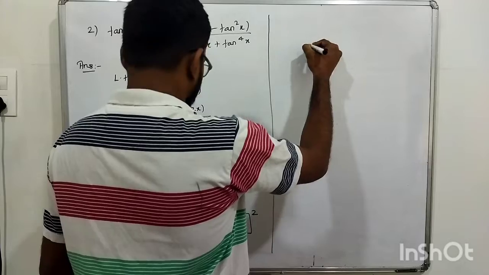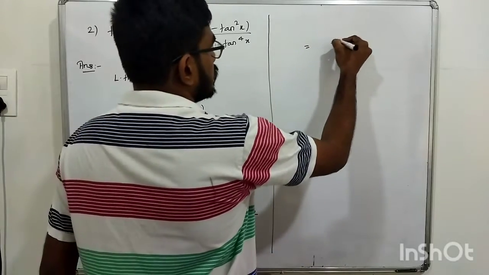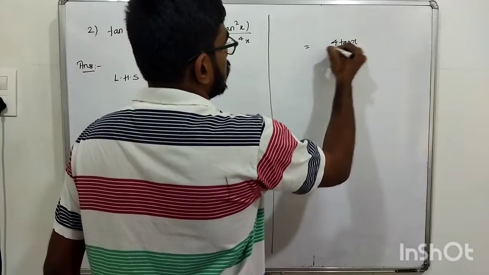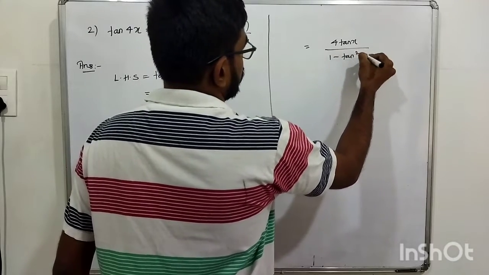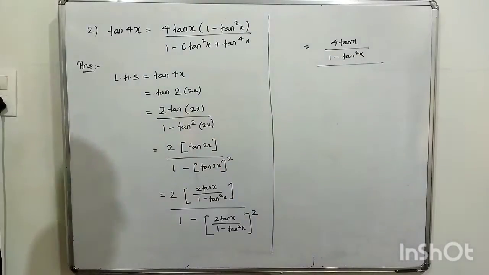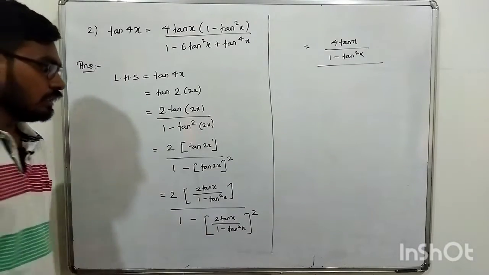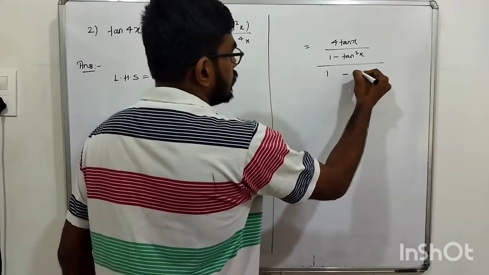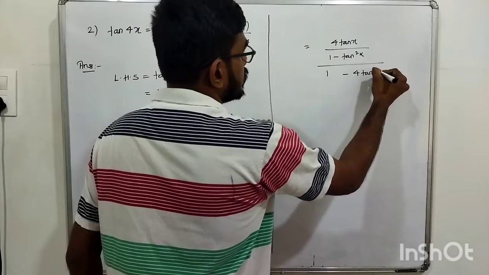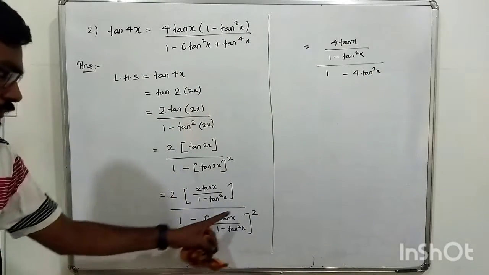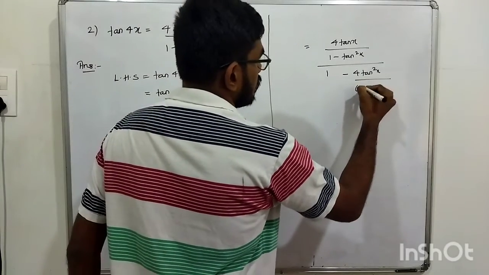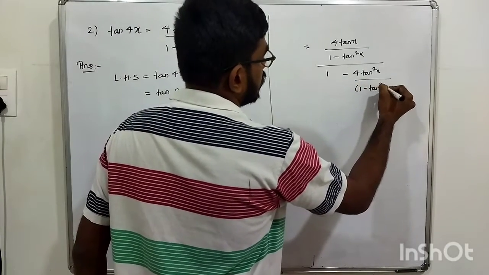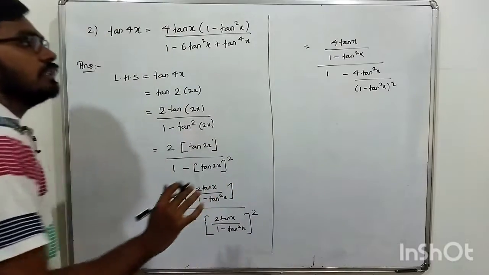What will we get? This is 4 tan x upon 1 minus tan square x, upon 1 minus 2 tan x squared, which we can write as 4 tan square x, correct? Why? 2 square is 4 and tan x square is tan square x, and the denominator is 1 minus tan square x the whole square. Okay, we'll not square this, we'll simplify this and then square this.